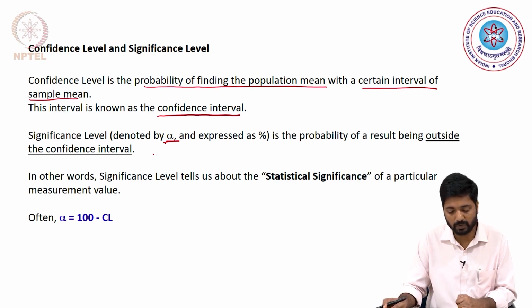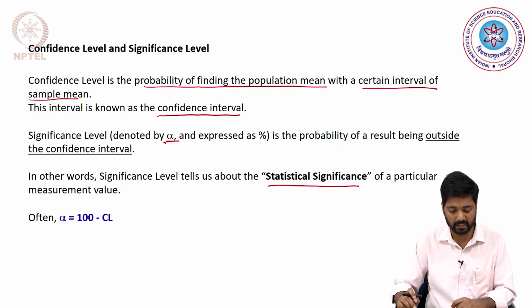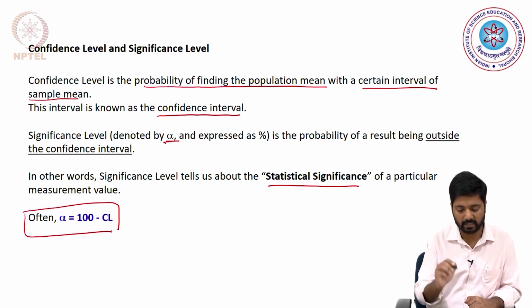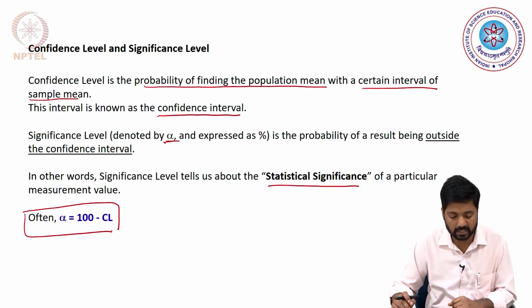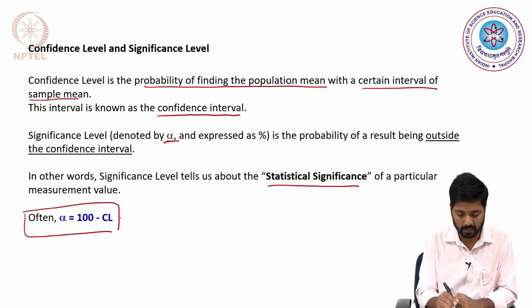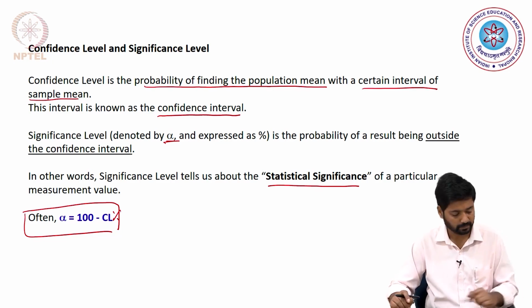In other words, the significance level tells us how statistically significant that measurement value is. And as has already been told, the significance level alpha for a two-tailed test is 100 minus the confidence level in terms of percentage.